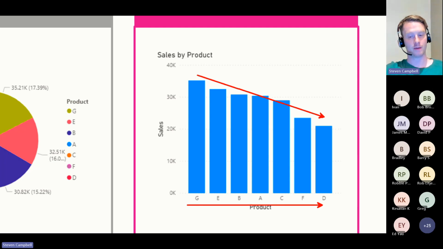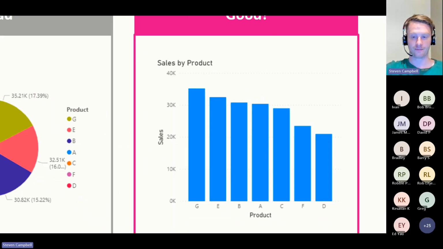A lot of times people are trying to say, okay, is B higher than C? Or, E, is that higher than B? If you order it by the KPI, in this case sales, that's always going to be obvious. The other advantage is that these look very, very close. However, I know B is higher than A because I know inherently this is sorted from B to A. And because I do this on every graph, I know they're all going to be sorted this way.